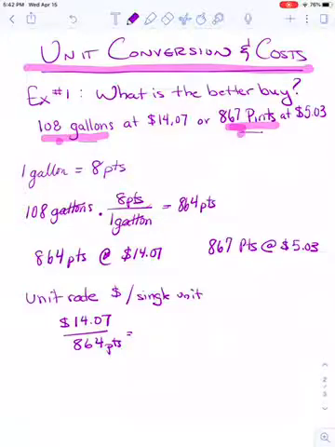So when you take $14.07 and you divide it by 864, you arrive at this cutie patootie. Now, I'm going to keep it longer than just a penny because in case they are the same, I want to be able to compare them.